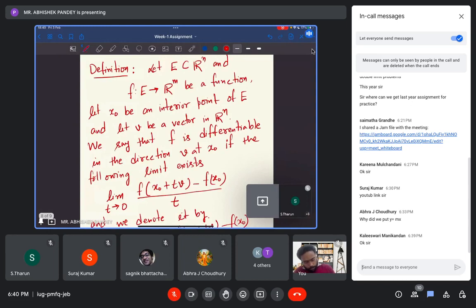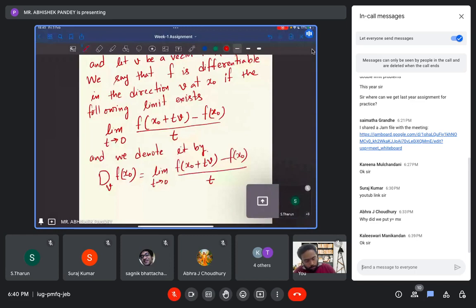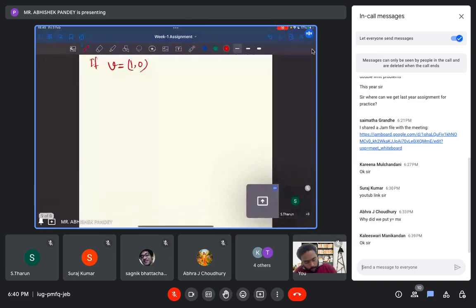So what we know is the definition of del f by del x at x naught. What is this? Limit h tends to 0. Let us say this capital X naught has the coordinate x naught comma y naught.